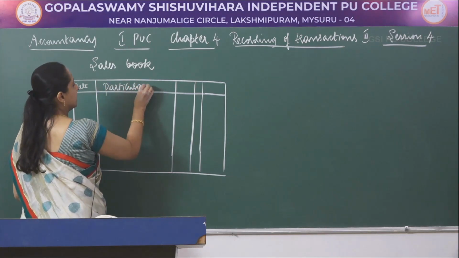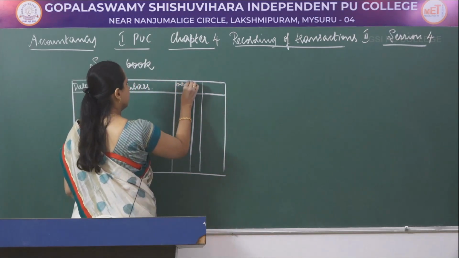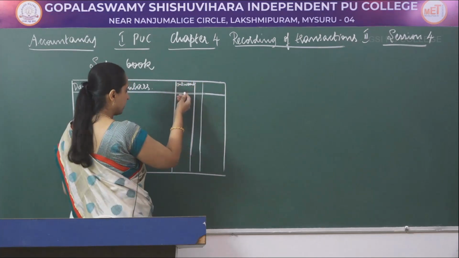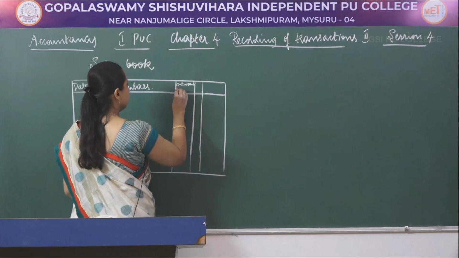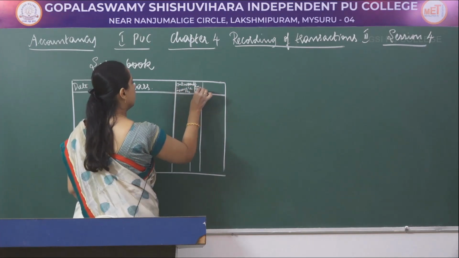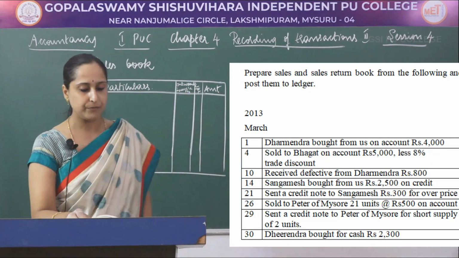Here we write the name of the customer. This is outward invoice number. They have not given any information regarding outward invoice number, so no need to write anything in this column. This is ledger folio and this is amount column. So now let's start with the problem.